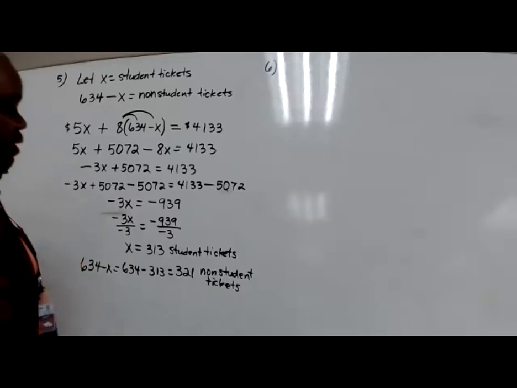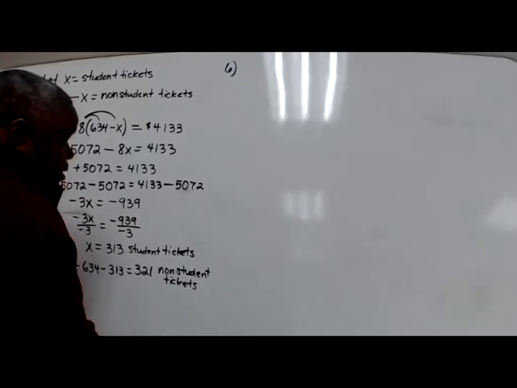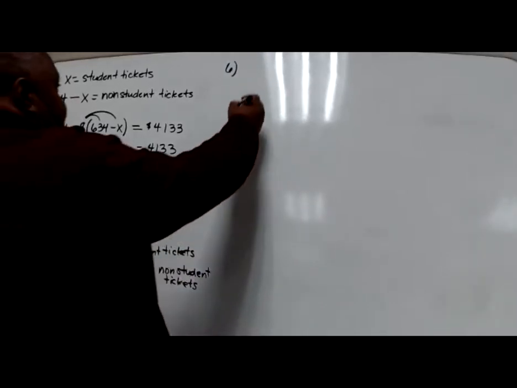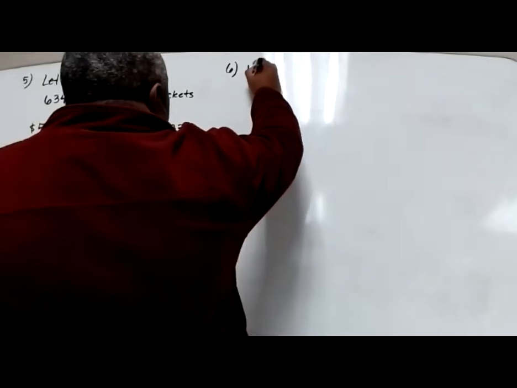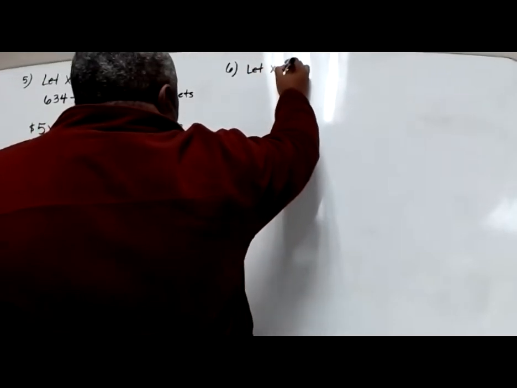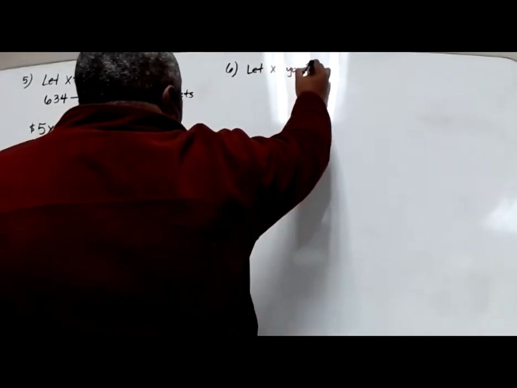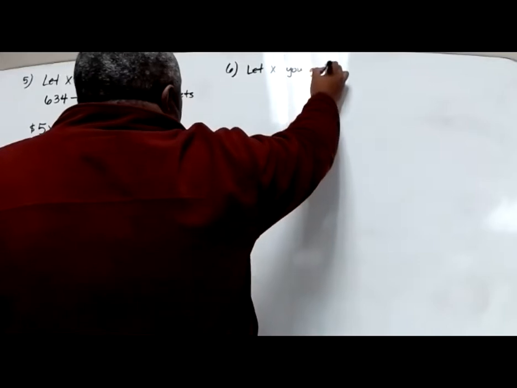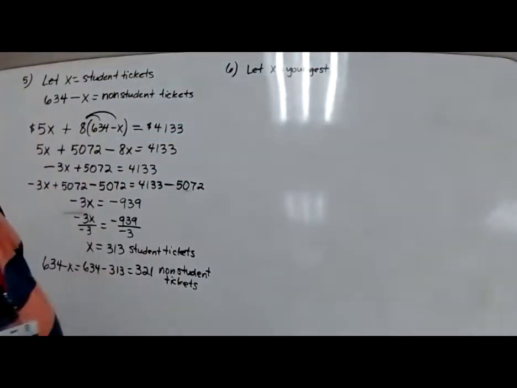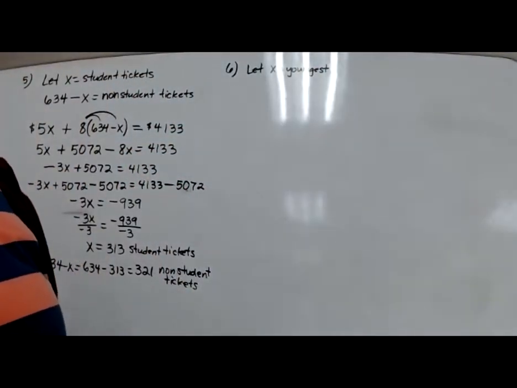We know nothing about the youngest sibling. So we're going to let x be the amount that the youngest received.